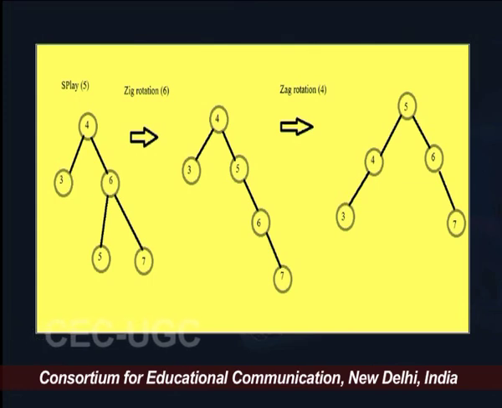Now, moving on further, we need to perform the zag rotation, which says coming to the left. So, here this 5, the zag rotation is performed on 4. Because of this zag rotation, your root node is 5 now, with 4 and 6 as its left and right child respectively, while 3 is the left child of 4 and 7 is the right child of 6.